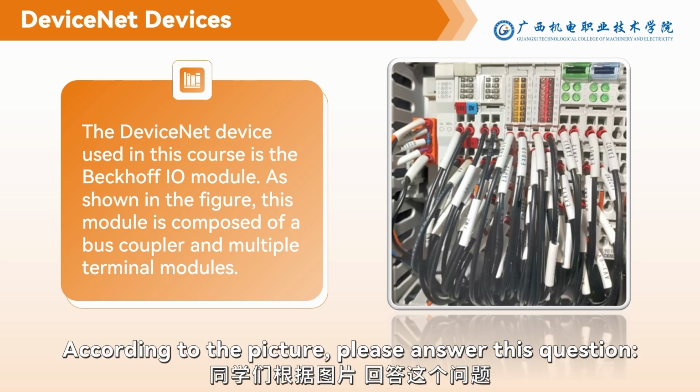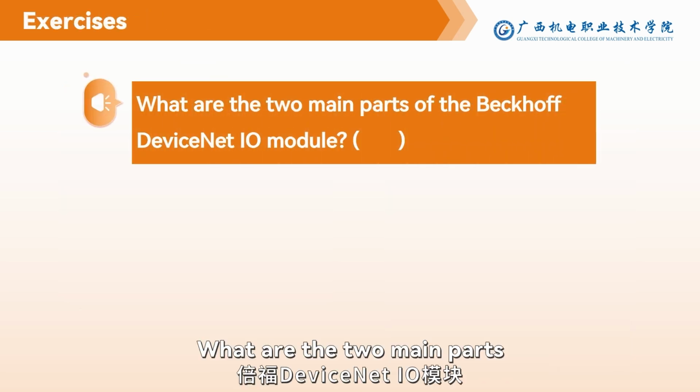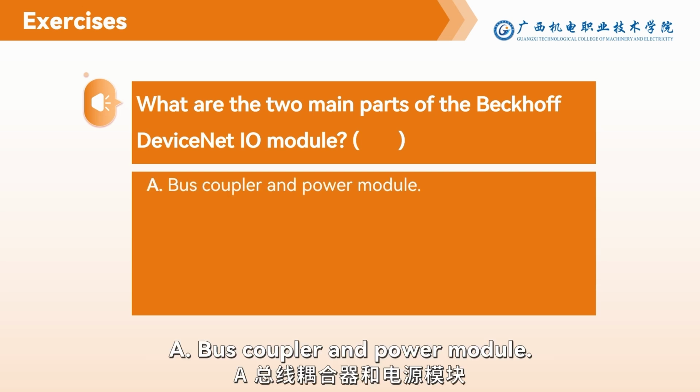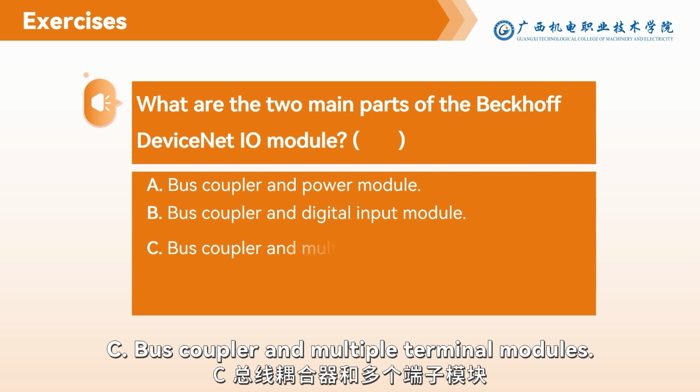According to the picture, please answer this question. What are the 2 main parts of the back-of DeviceNet I/O model? A. Bus coupler and power model. B. Bus coupler and digital input model. C. Bus coupler and multiple terminal models.